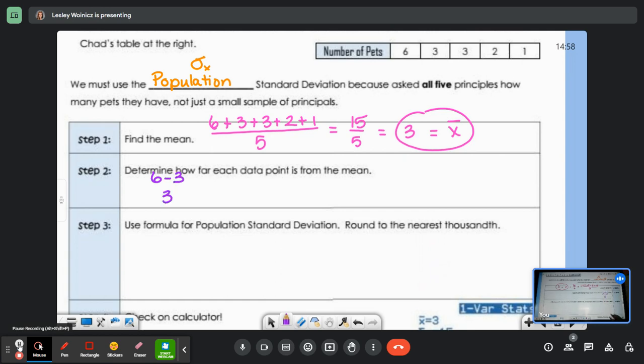It's 3 units away. Okay, how far is 3 from 3? 3 minus 3 is 0, right? 3 minus 3 again, still 0. 2 minus 3, well, it's negative 1, right? And then 1 minus 3, that's negative 2.